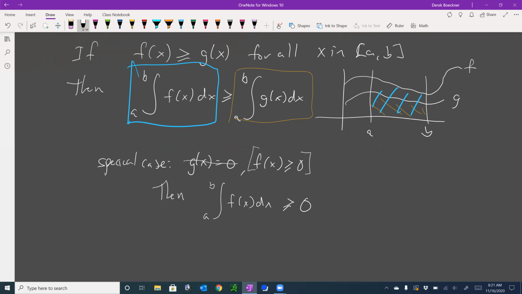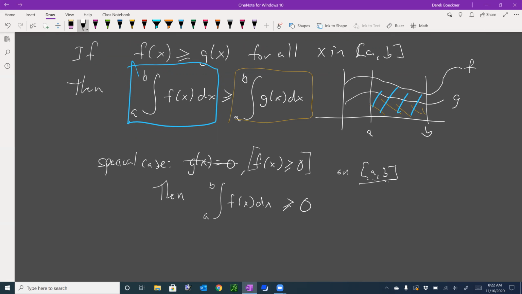So if you're only taking positive values from your function, your area is definitely going to be positive. On [a, b], I want to make sure that a is less than b there, right? Because if b is less than a, then that's not true. It's definitely negative. But if we've got that, we're good.